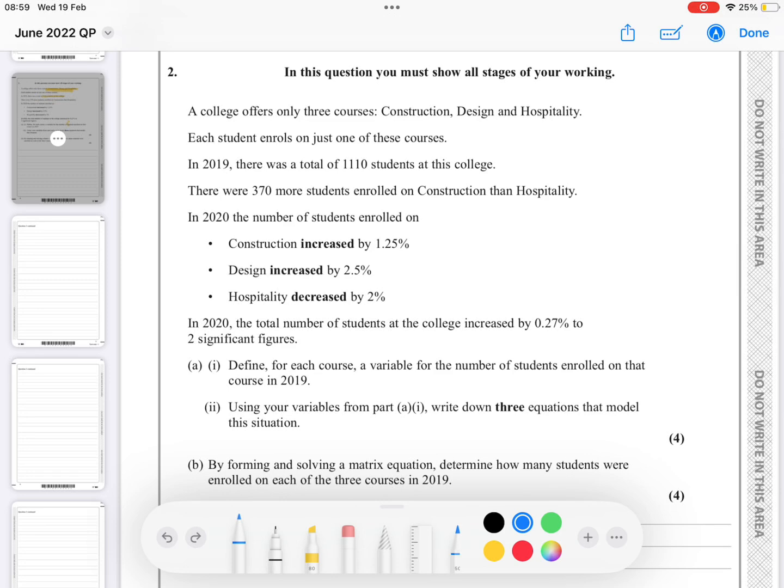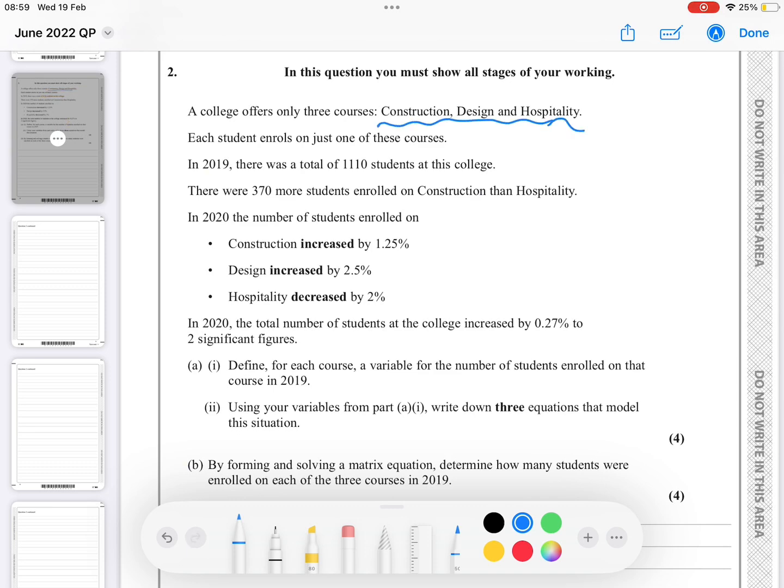So the other thing you have to know about with this is how to solve wordier simultaneous equations using matrices, where you need to form the equations yourselves before solving them. So I've got a past exam question here, and we'll read it through first. So it says a college offers only 3 courses: construction, design, and hospitality.